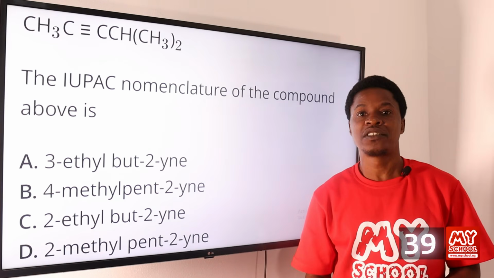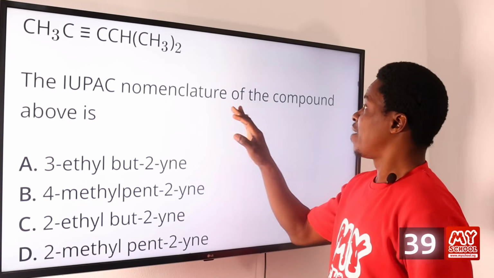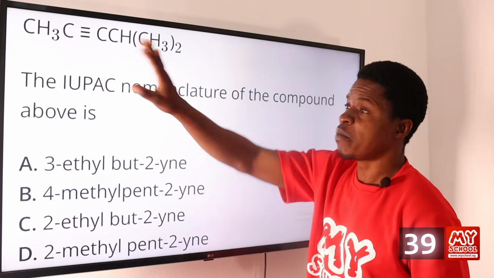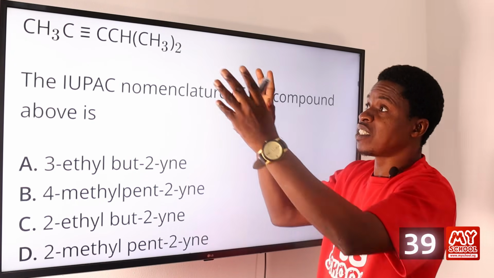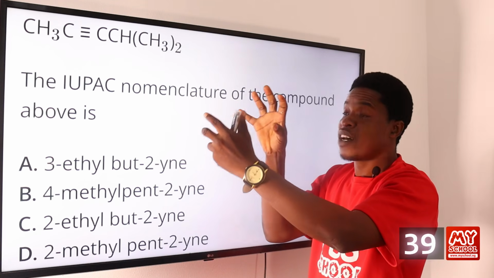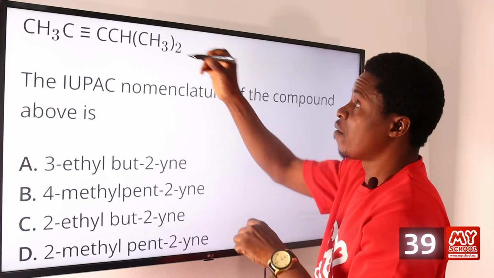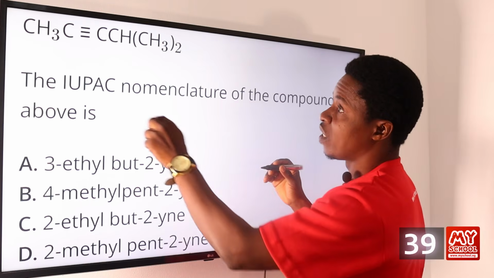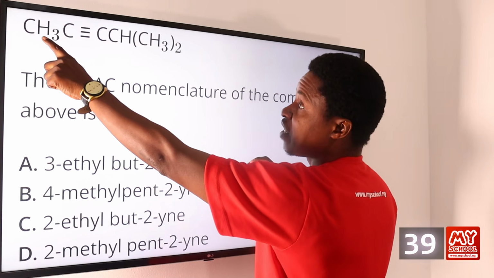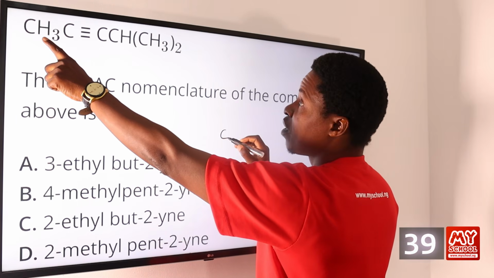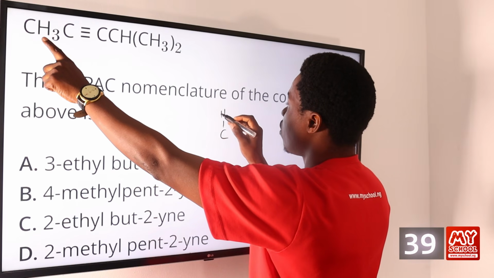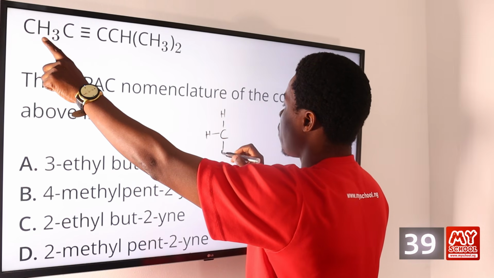We are moving on to question number 39. The IUPAC nomenclature of the compound above is what? To make it easier, it's better to draw it out. This is the condensed formula of the molecular formula of this compound. So let's draw it out. We have CH3 here, the first carbon atom with 3 hydrogens.